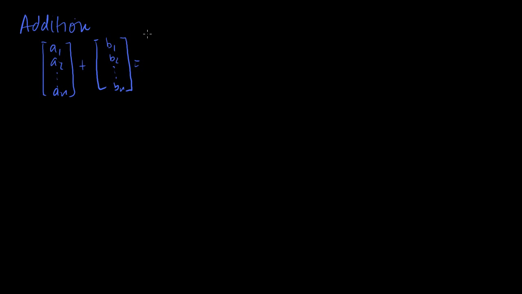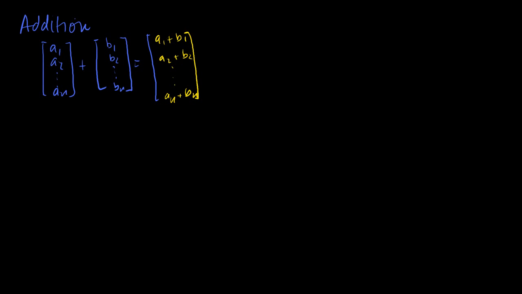You'll end up with a third vector where each of its components is just the sum of the corresponding components of the two vectors you're adding. So it's going to be a1 plus b1, a2 plus b2, all the way down to an plus bn. We knew this, and we've done multiple videos where we use this definition of vector addition.